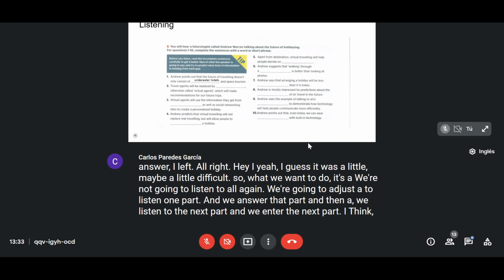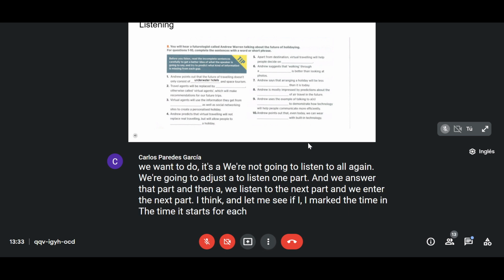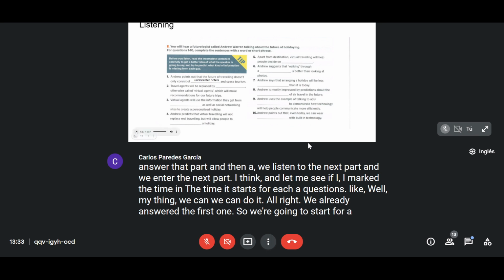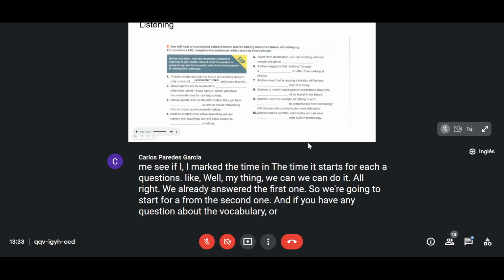Let me see if I marked the time stamps for each question. I don't have them, but I think we can do it. We already answered the first one, so we're going to start from the second one. And if you have any question about the vocabulary or anything, please let me know.